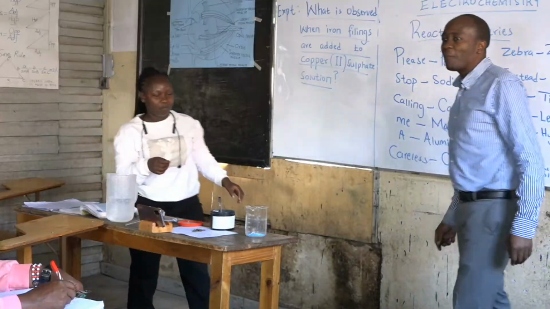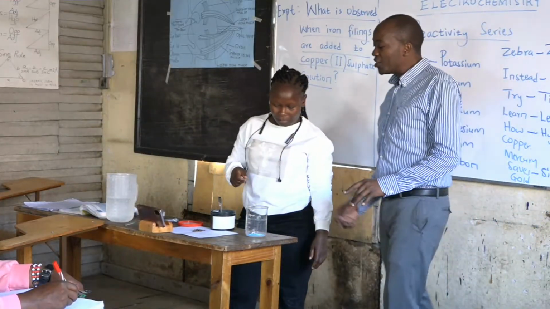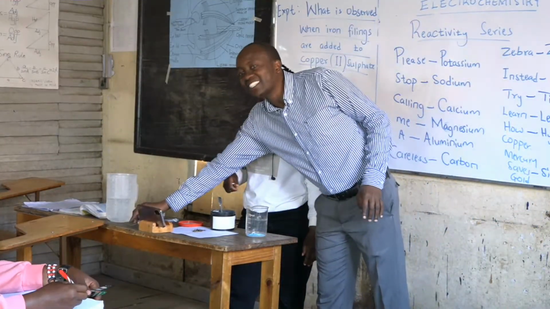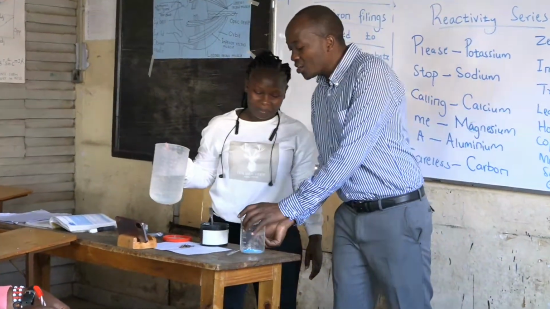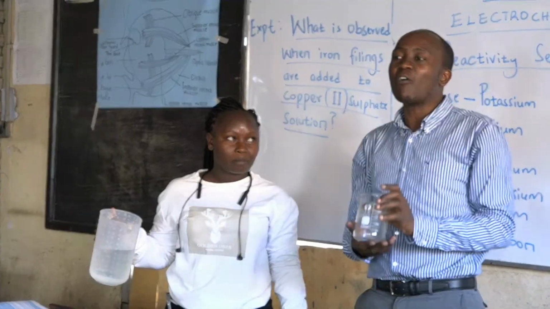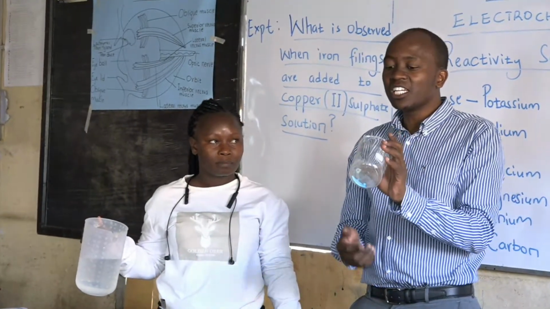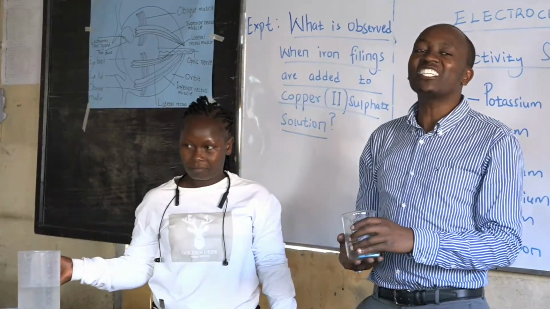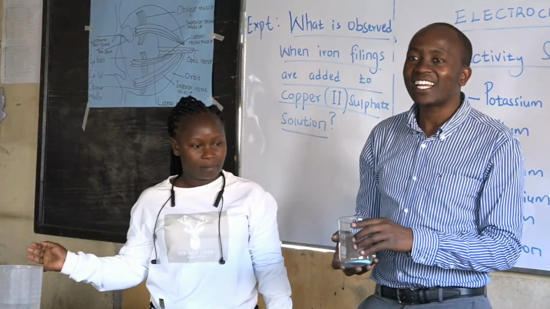So we have copper(II) sulfate. She's going to add some water, then a stirring rod. What is the name of this apparatus? Beaker. What is the color of hydrated copper(II) sulfate? Blue. Okay.